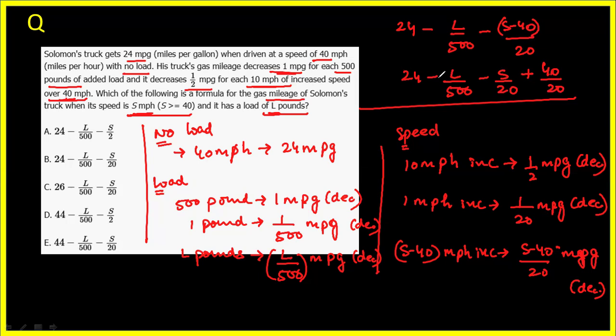So minus minus becomes plus, and 40 over 20 is 2. 24 plus 2 is 26, minus L by 500, minus S by 20. That's the effective mileage according to the load and according to the increase in the speed. That is option C, being the correct answer here.